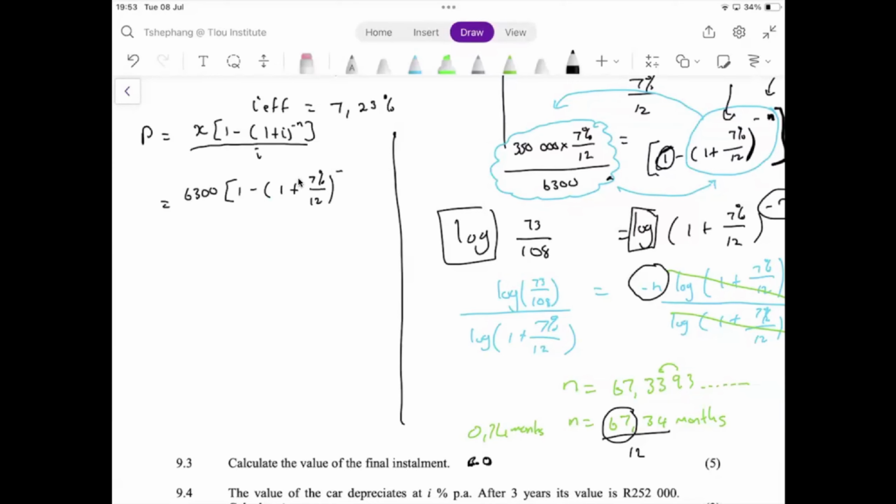What do we have to put in n's place? Nonglebo, you got it right. It has to be the 0.34 because that is the outstanding term. Remember, in my explanation, I said that is the outstanding term. You've made the 67 payments.